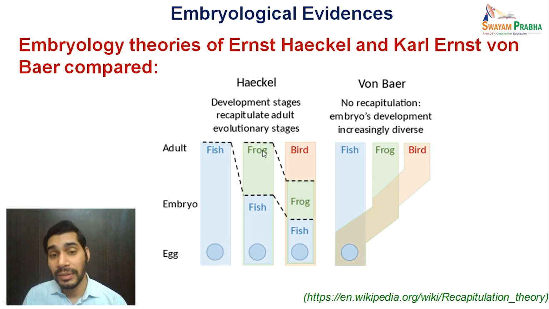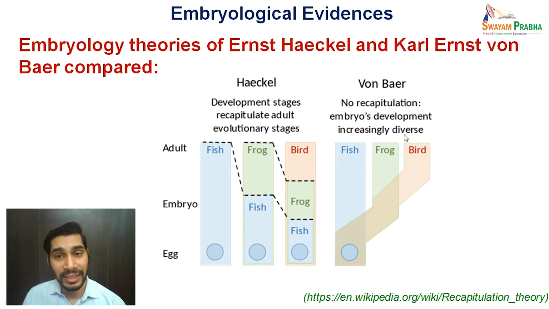When you compare it with the frog's development, the egg is the same, but there is a stage in the frog's embryonic development which resembles the adult fish. Same is the case with the bird. There is an egg, but during the development of the bird, there are stages which resemble the adult fish and the adult frog. So this is Haeckel's view on embryological evidence.